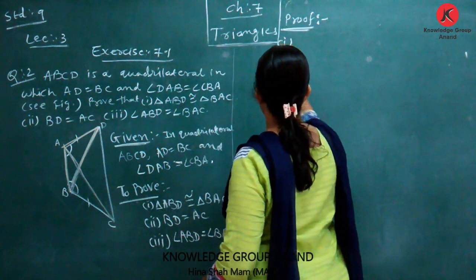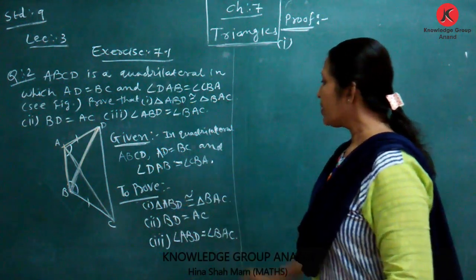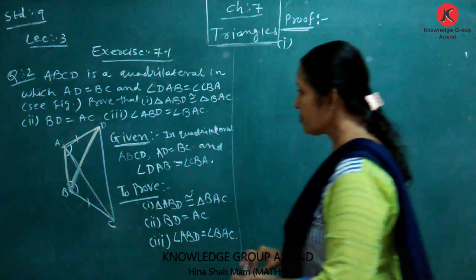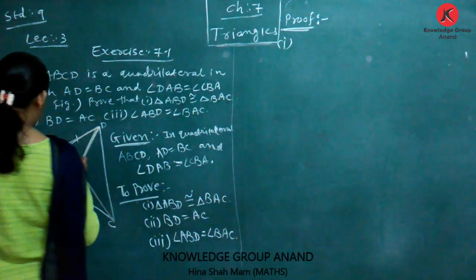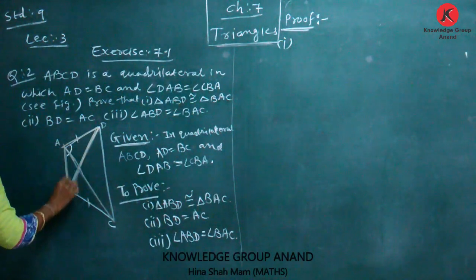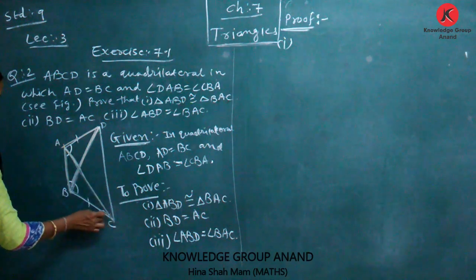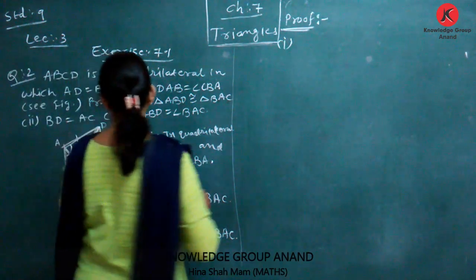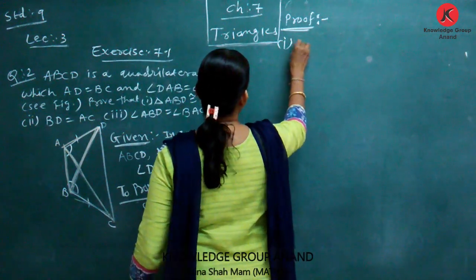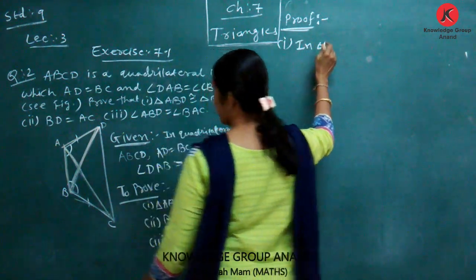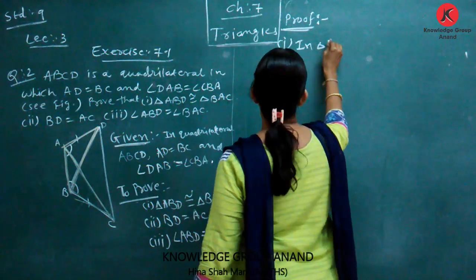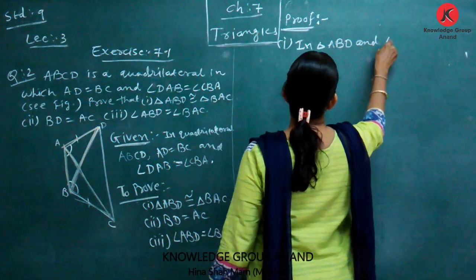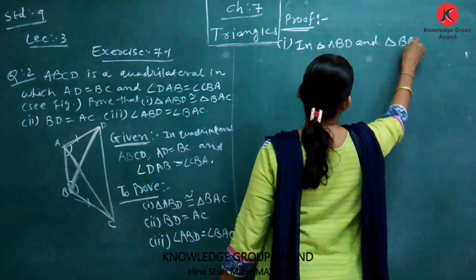Number 1, we prove triangle ABD is congruent to triangle BAC. We take two triangles, triangle ABD and triangle BAC.